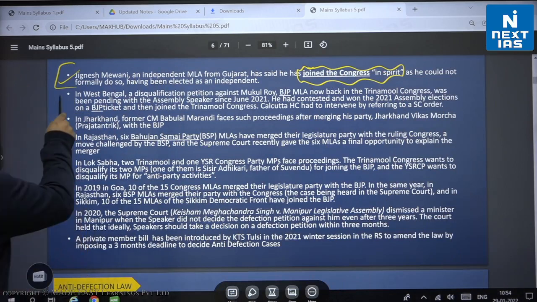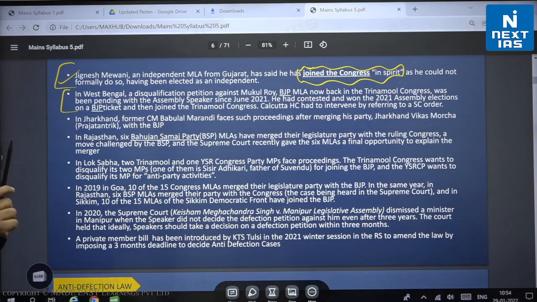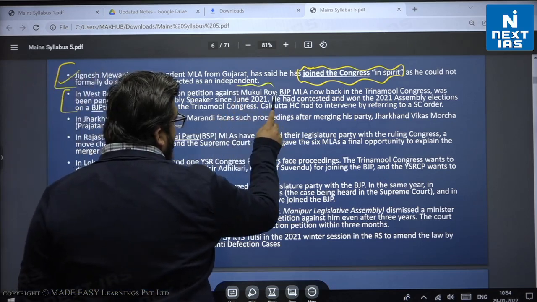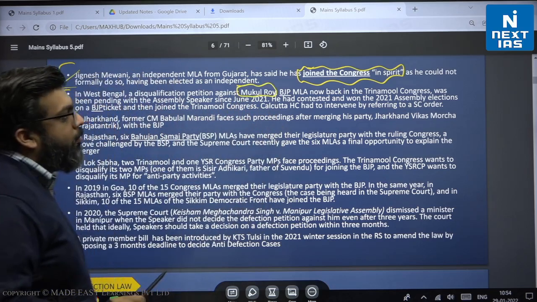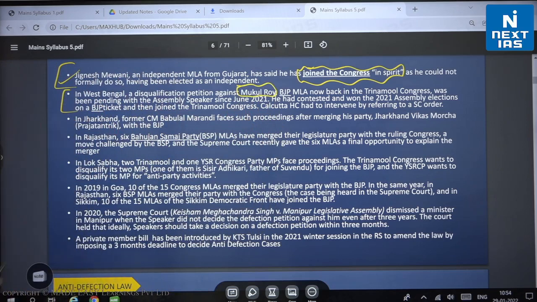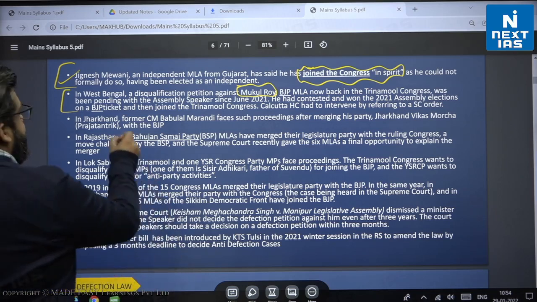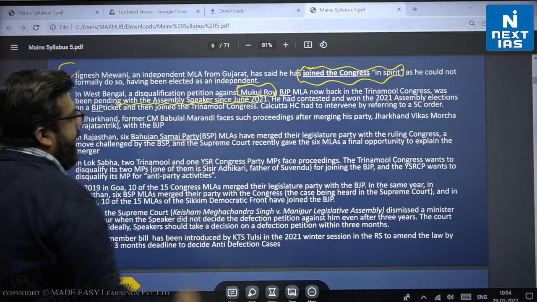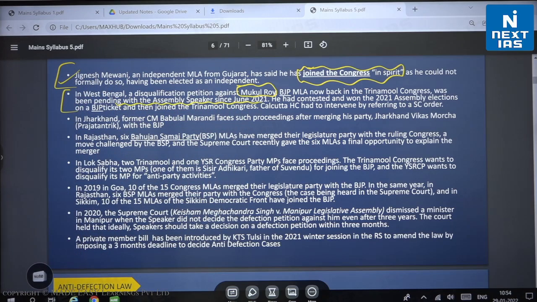So let's understand this. In Bengal there is a BJP MLA called Mukul Roy. Okay? This BJP MLA called Mukul Roy, who is now back in Trinamool Congress. Since June 2021 there has been a complaint of anti-defection against him pending with the Speaker of the Assembly.